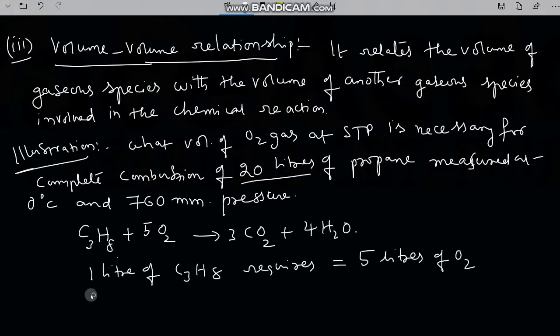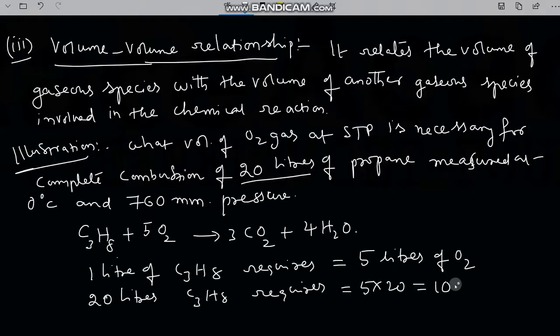So if it is 20 liters of propane C3H8, it requires 5 into 20, that is 100 liters of oxygen, at the given temperature of 0 degrees Celsius and pressure of 760 millimeters.